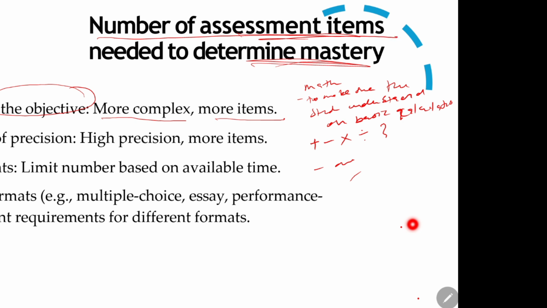Okay, and then the desired level of precision. That means the higher precision we want the student to achieve, the more items we need to add. For example here we have a test question with 50 mark, and 100 mark.